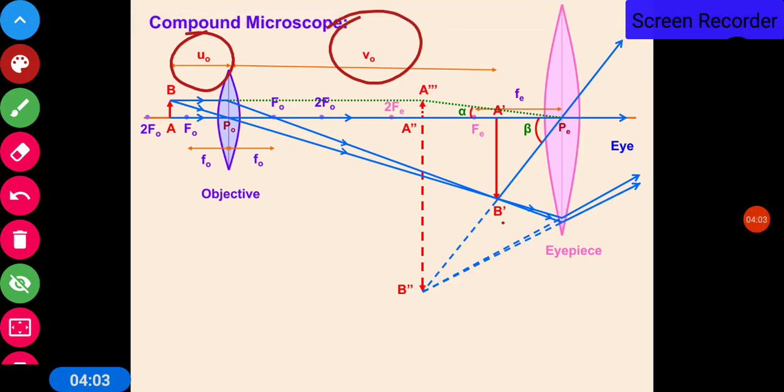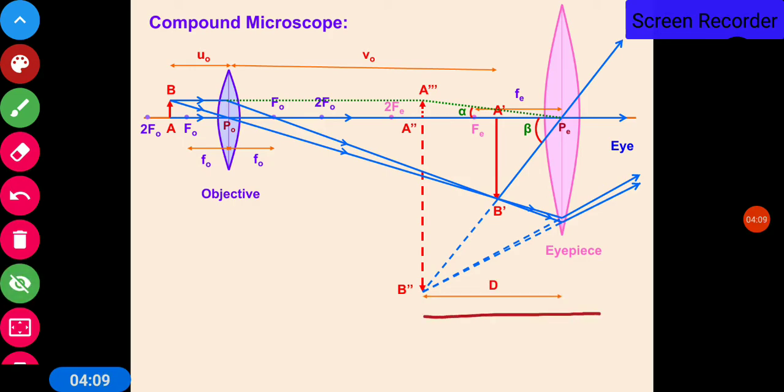And the distance of the final image from the eyepiece is denoted by D. D is the least distance of distinct vision. So the final image is formed at the least distance of distinct vision.